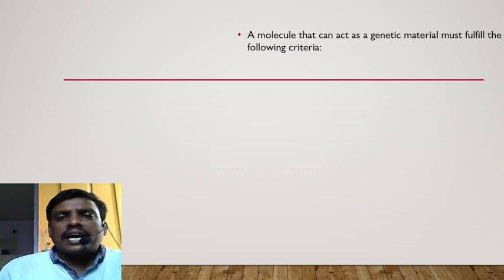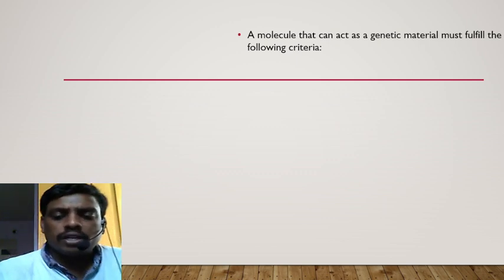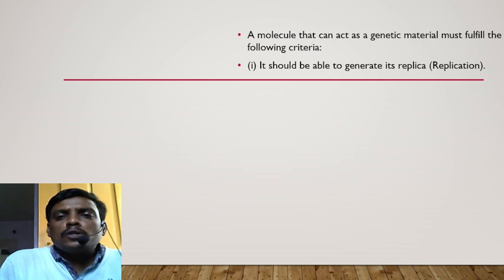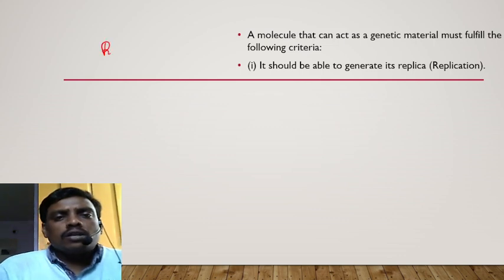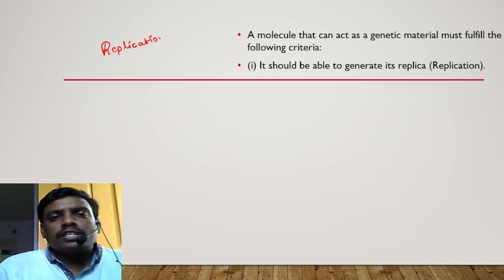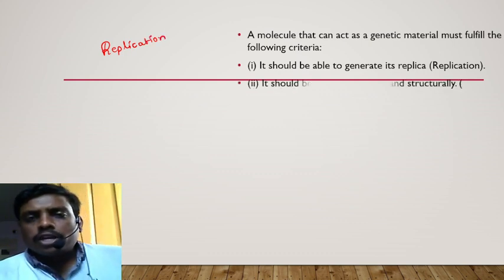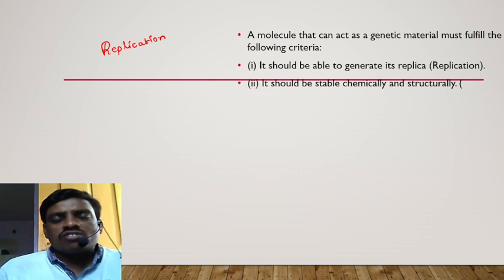A molecule that can act as genetic material must fulfill the following criteria. It should be able to generate a replica. Replication must be done in the genetic material, only then is it called genetic material. It should be chemically and structurally stable.